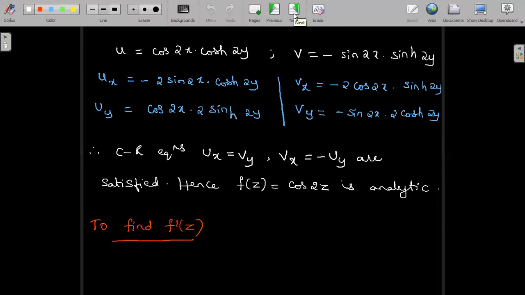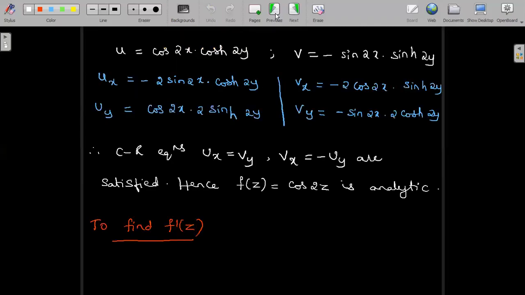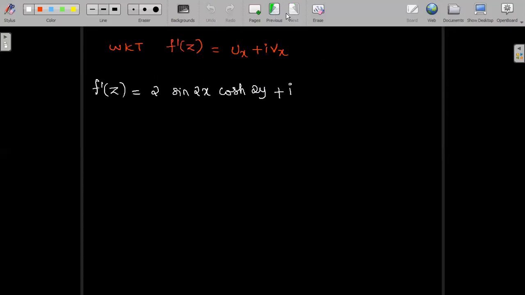So ux is minus 2 sine 2x into cos hyperbolic 2y, plus i into vx. Let us just observe what is vx once. Vx is minus 2 cos 2x into sine hyperbolic 2y.